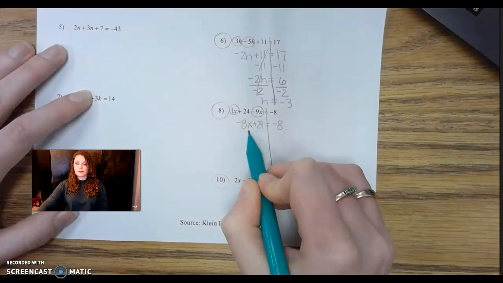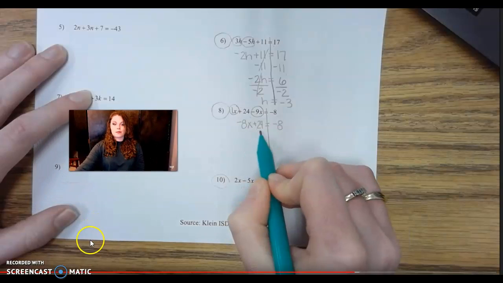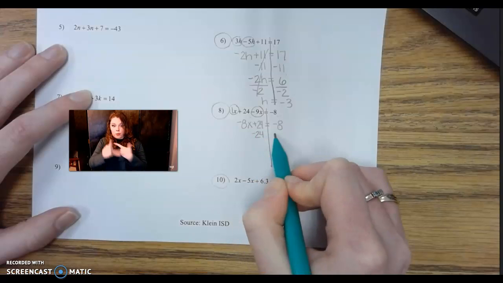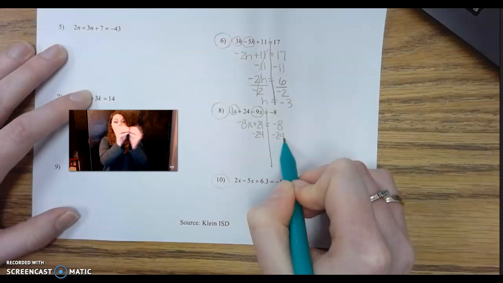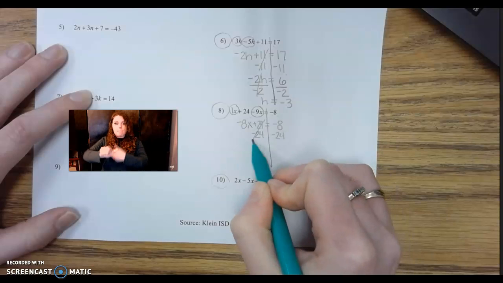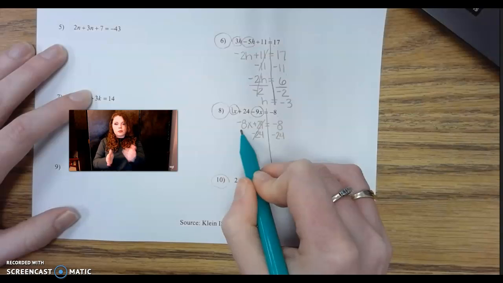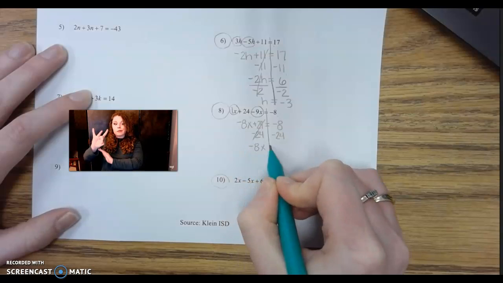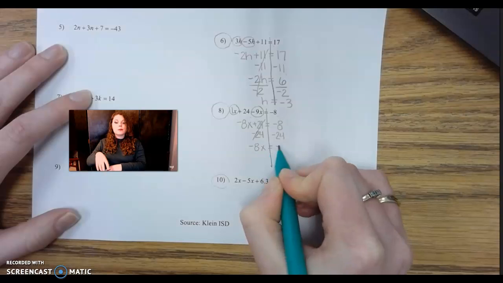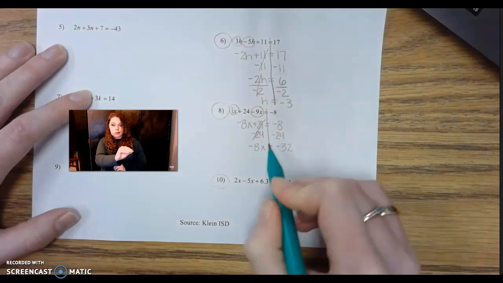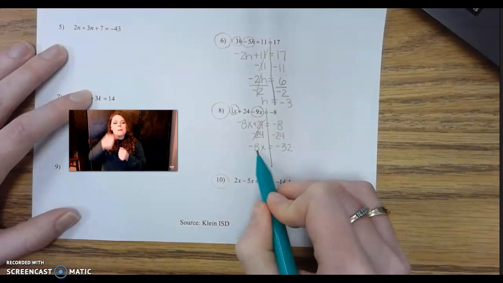Starting with the one that's not attached to the variable first, you use your inverse operation, so minus 24 from both sides. These will cancel. Again, bring down what you have not used, so negative 8x equals negative 32. Again, this is not subtracting 8x.